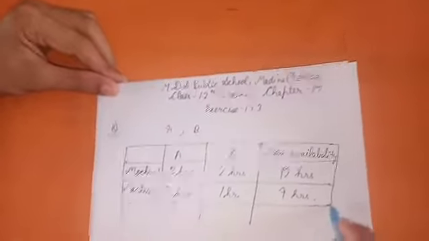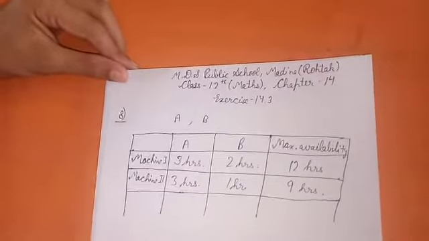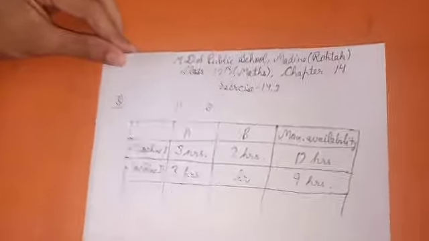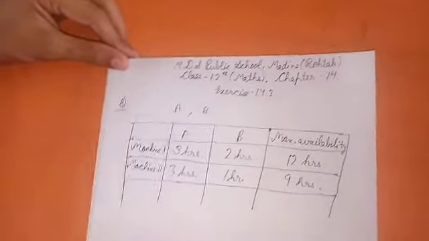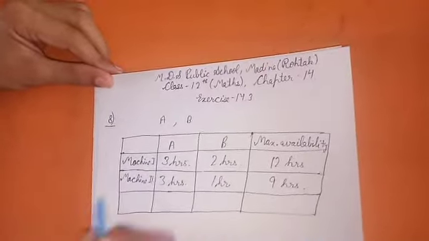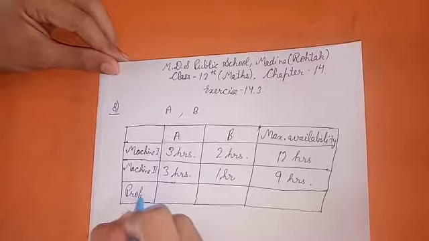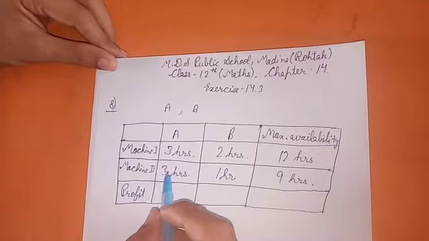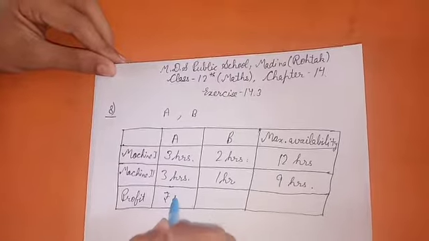And what other thing they provided us in this question is the profit on each product A and B. So profit on product A is rupees 7 and on product B is rupees 4.